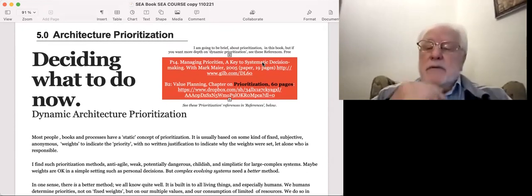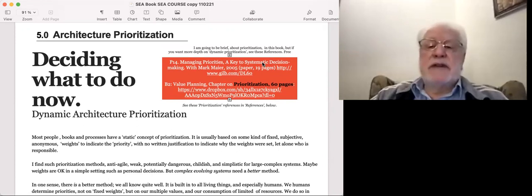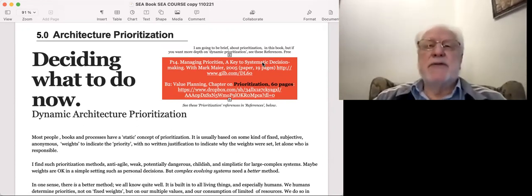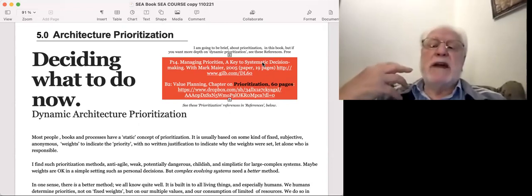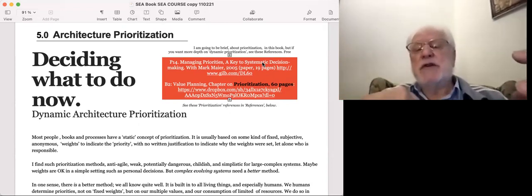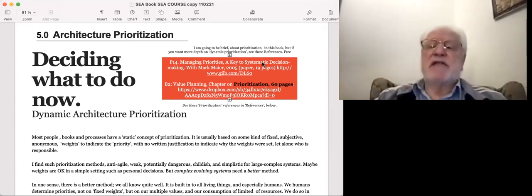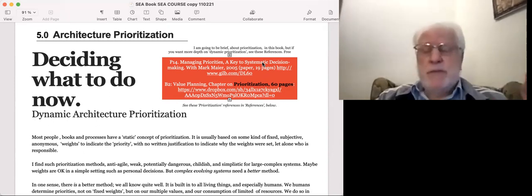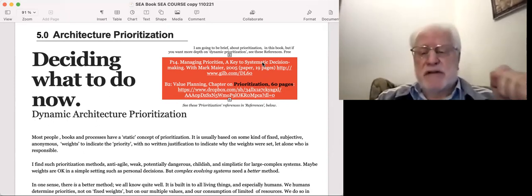There's one major idea we're going to deal with today: prioritization is not a matter of fixed opinions or fixed weights. Many people even mix up the concept of a weighting on the one hand and the process of prioritization on the other. I'm very interested, and agile people are very interested, in prioritization, doing the smartest thing on the next step.